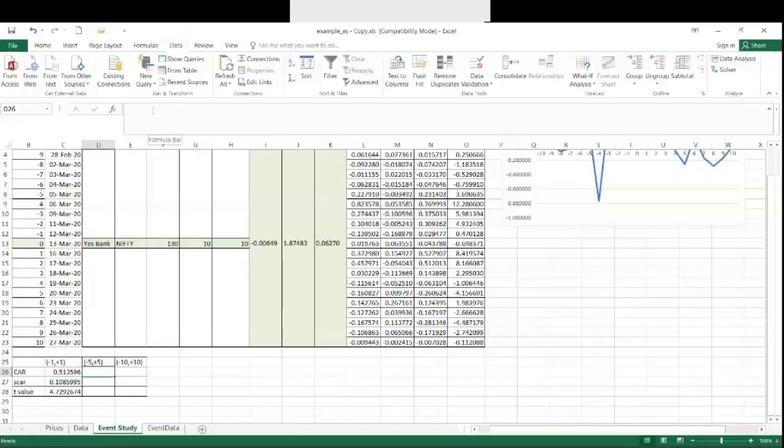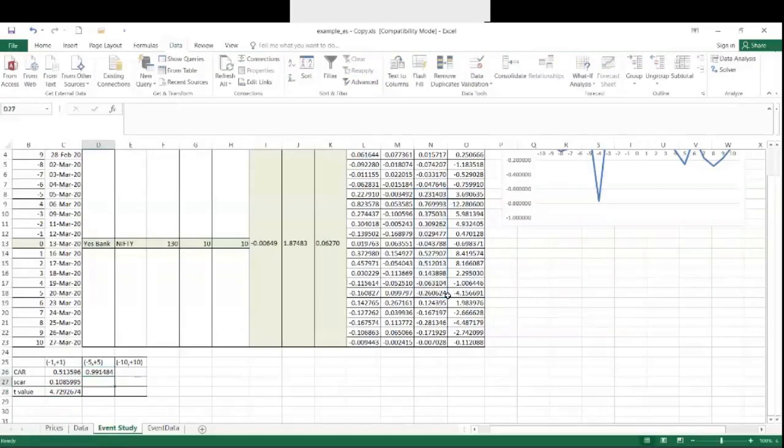So for ±5 days, we have 5 days prior and 5 days after, which is essentially an 11-day window, cells 8 to 18.